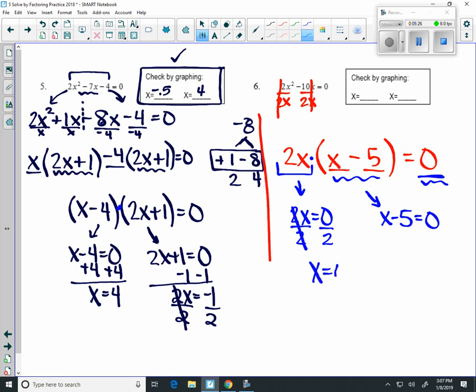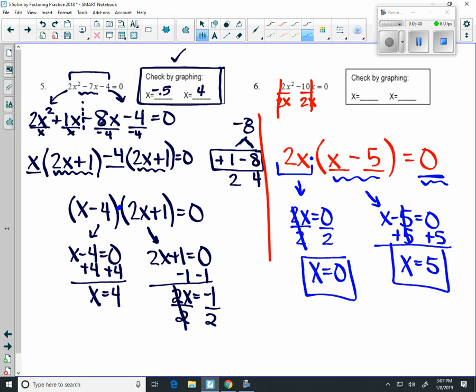Zero over 2 is 0. If you're not 100% sure, throw it in Desmos and calculator. Just move the 5 over.